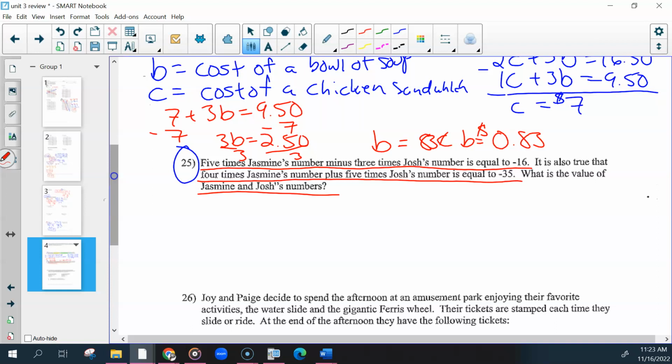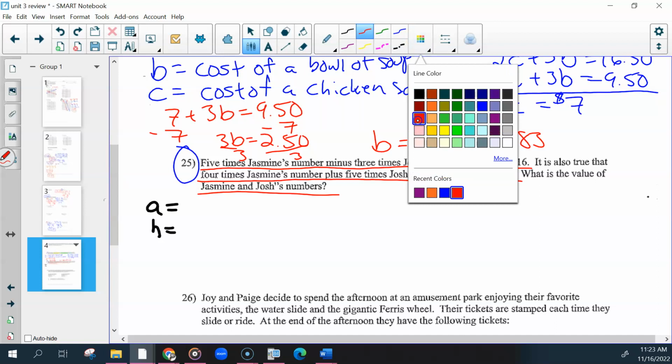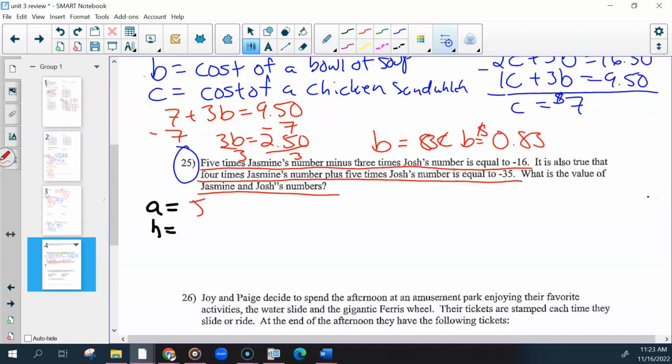They both can't be J. So let's say I call this one A and I call this one H. So because this is really just math into words, you're just going to look at what it says and write that as an equation. 5 times Jasmine's number, so 5 times A, minus 3 times Josh's number, so 3 times H, is equal to negative 16.